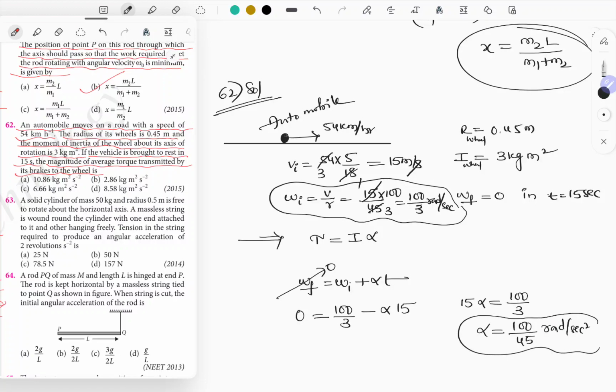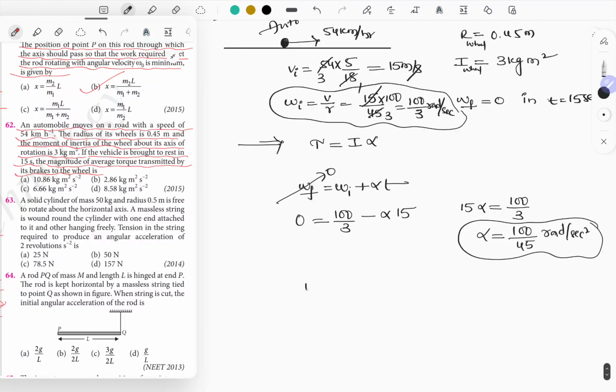So what do I have to find out? I have to find out torque. The torque formula is moment of inertia, I, into alpha. Moment of inertia is 3. Alpha is 100 by 45.